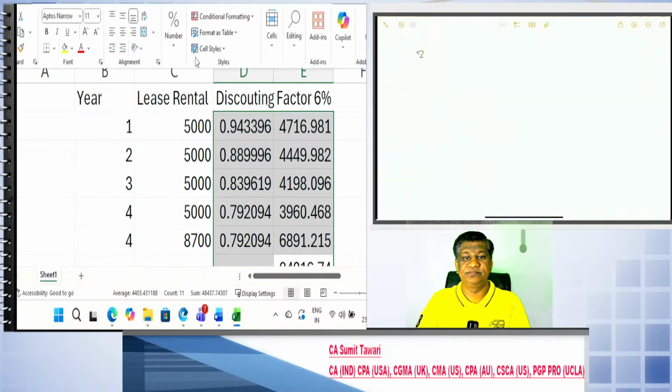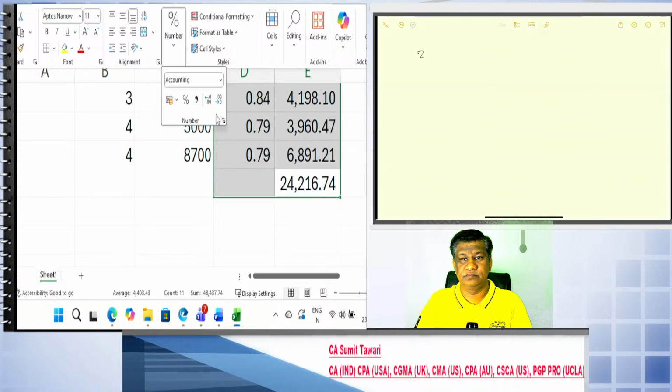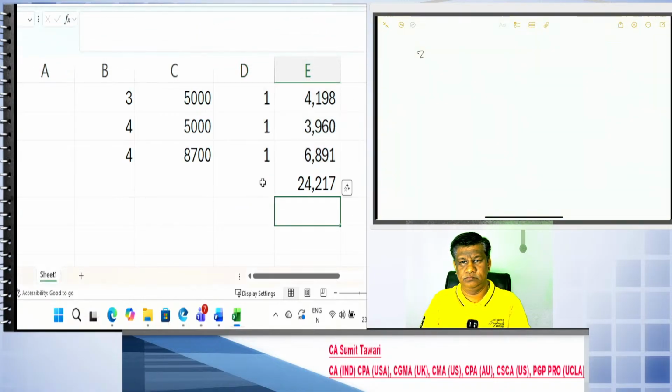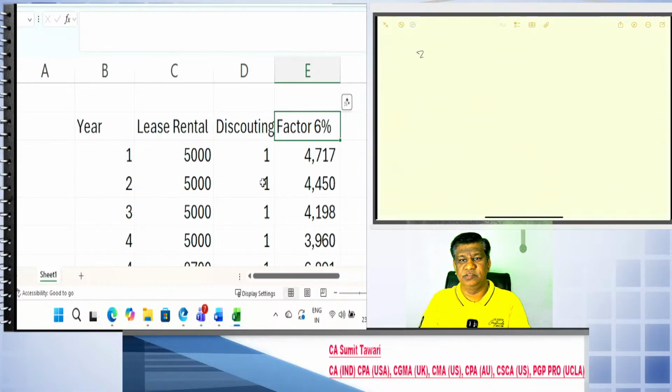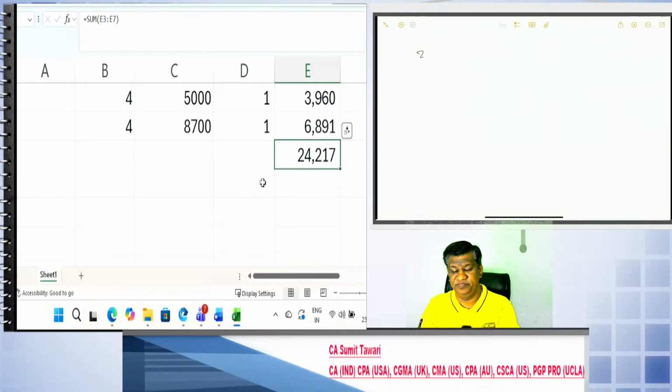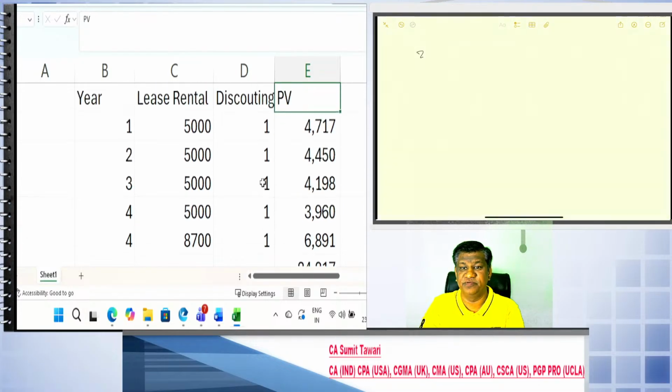Clear with this? Discounting factor and the present value. So that is my present value of all the future cash flow. What does it mean? I gave a loan of 24,217 and I may expect 6% interest over my loan amount. That is the conclusion with this approach.